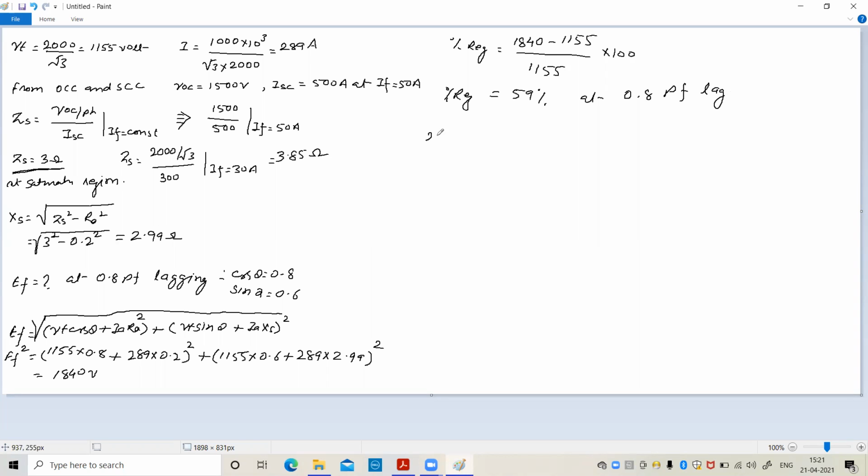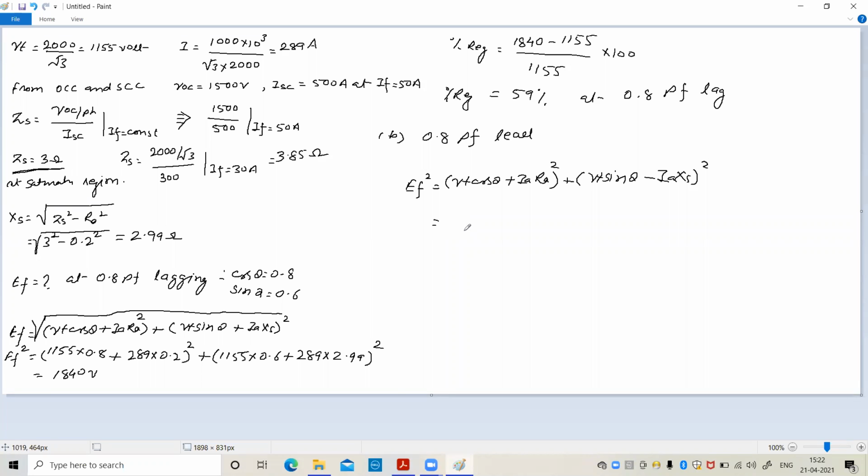Now for part B, 0.8 power factor lead. The equation is as it is: EF is the square root of (VT cos theta plus IA RA) squared plus (VT sin theta minus IA XS) squared.